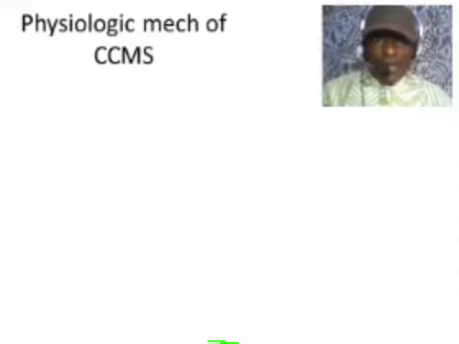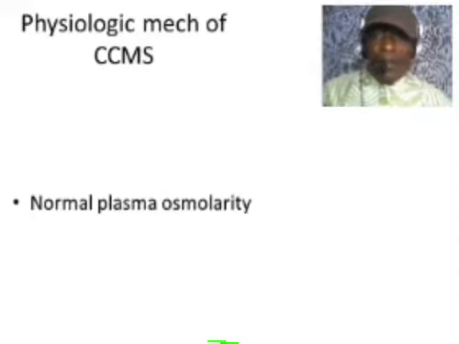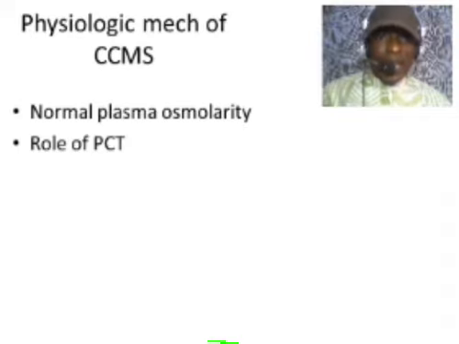Going forward, we are now diving into the mechanism of urine concentration and dilution. Mechanism tells us how the human kidneys concentrate or dilute the urine. In looking at this, we'll first of all look at the normal plasma osmolarity of the blood, and then we'll look at the roles of the different renal tubules in the formation of a concentrated urine.